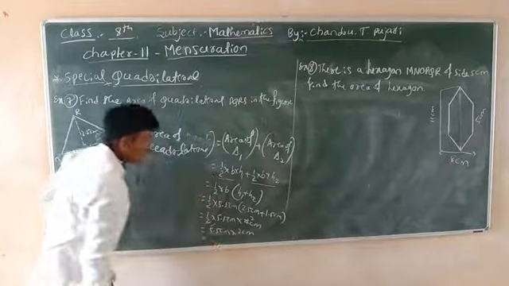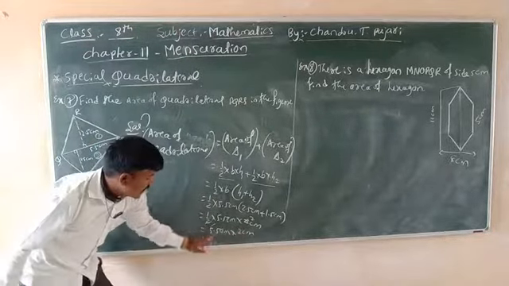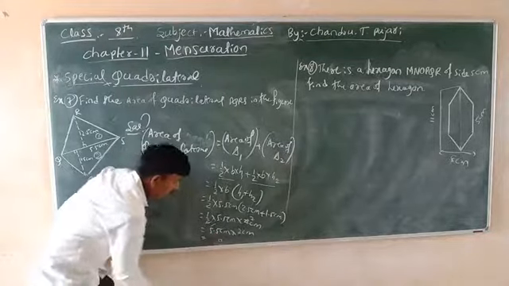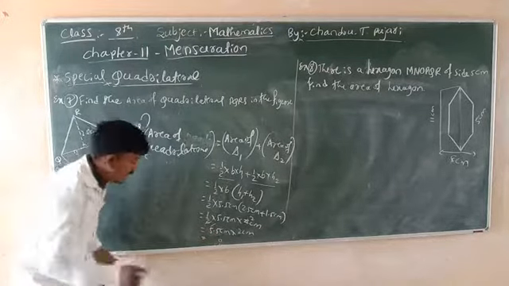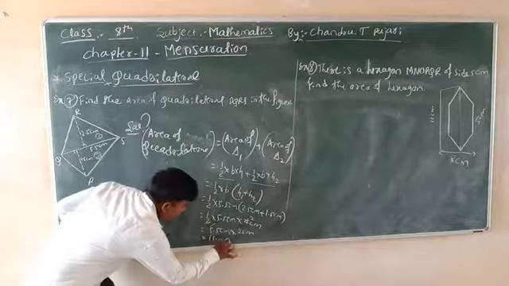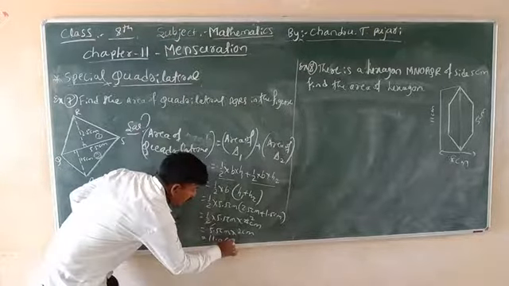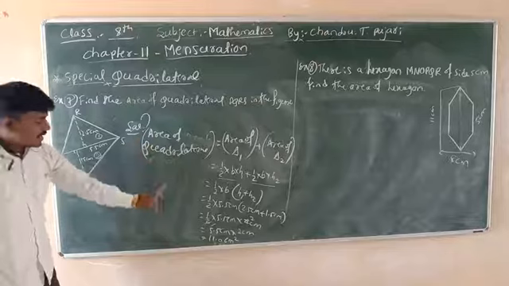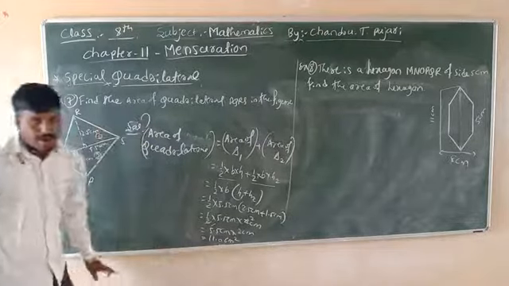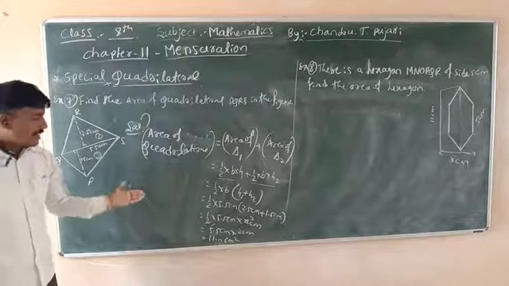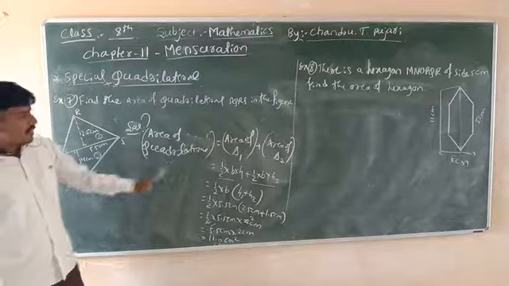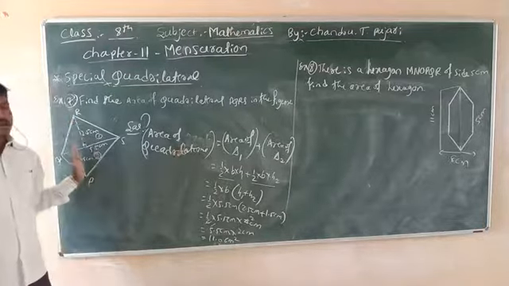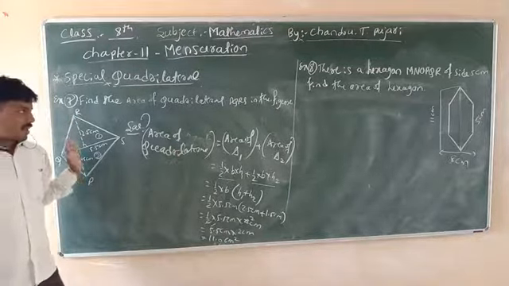Simplification: 2 fives are 10, plus 1 is 11. So 11 centimeter square. Therefore, the area of this quadrilateral is 11 centimeter square, directly the quadrilateral area.